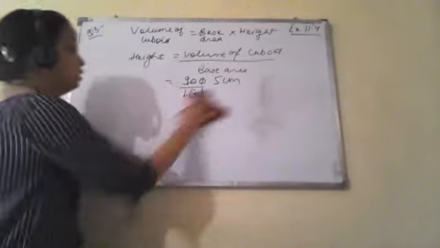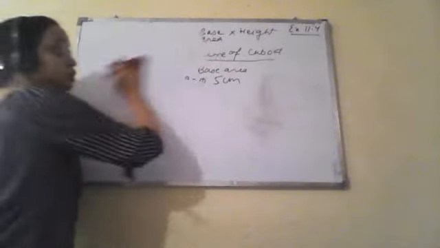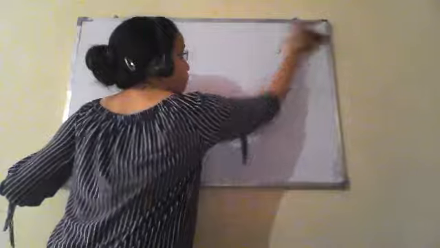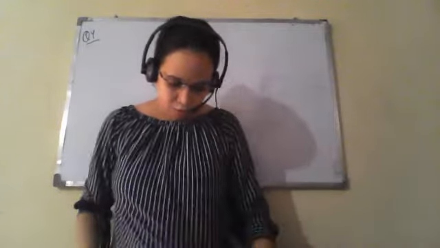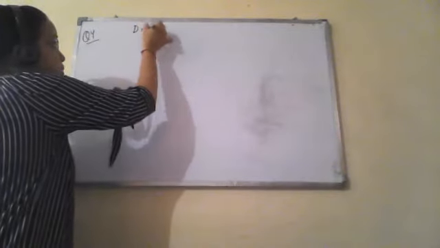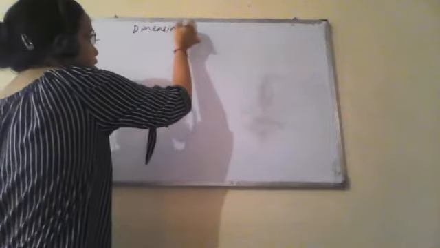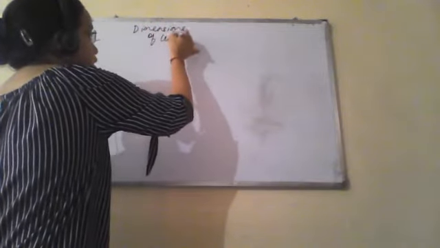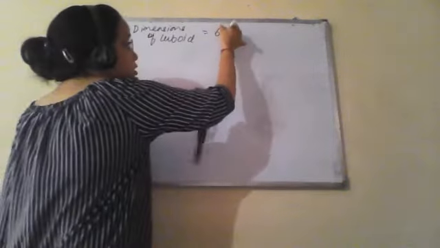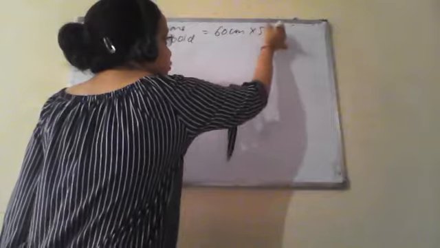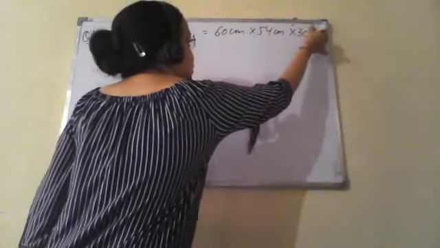Now fourth question. Cuboid is of the dimension. Dimension of cuboids we have been given. These are 60 into 54 into 30.